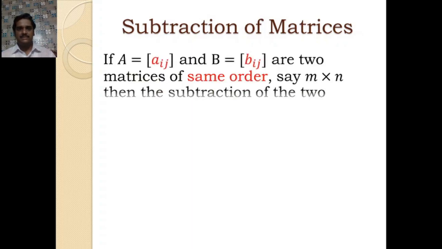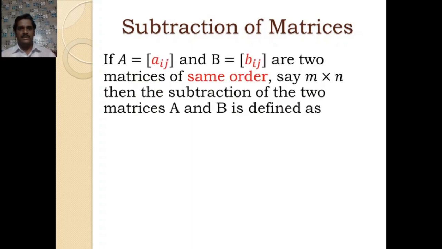Let's see the definition. We have to take two matrices of the same order. I have taken two matrices of the same order m by n.